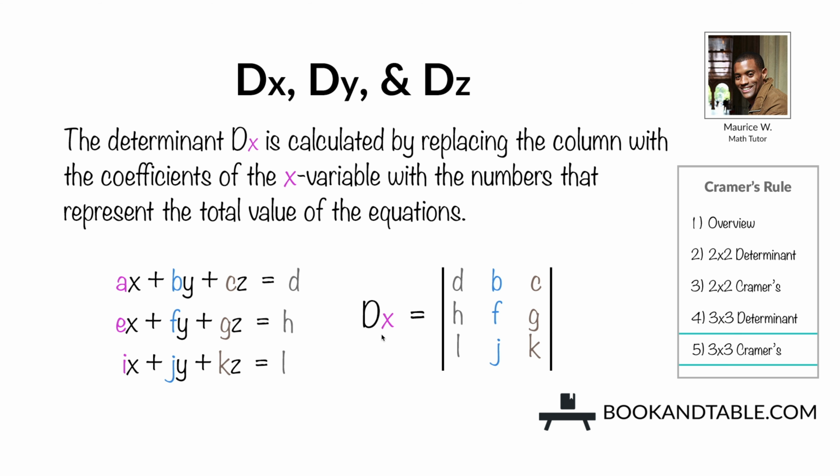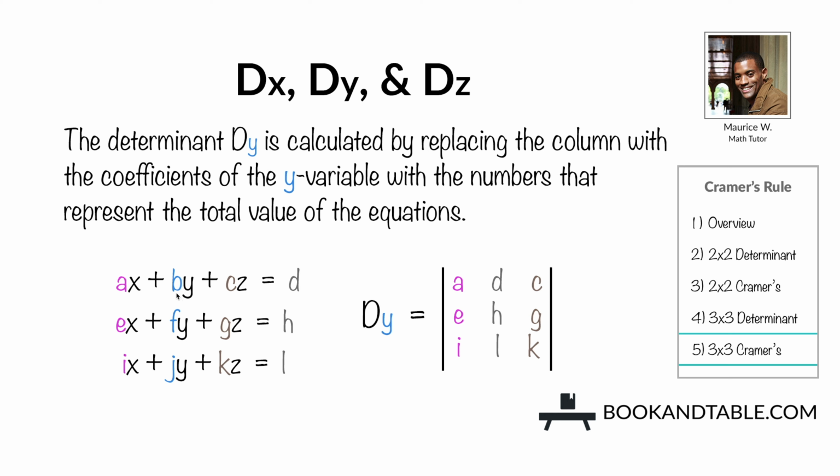dy and dz work similarly. The determinant dy is calculated by replacing the column with the coefficients of the y variable with the numbers that represent the total value of the equations. So for dy, the first column is the coefficient of the x variables, but the second column that normally would have the coefficients of the y variables is replaced by the total value of each equation.